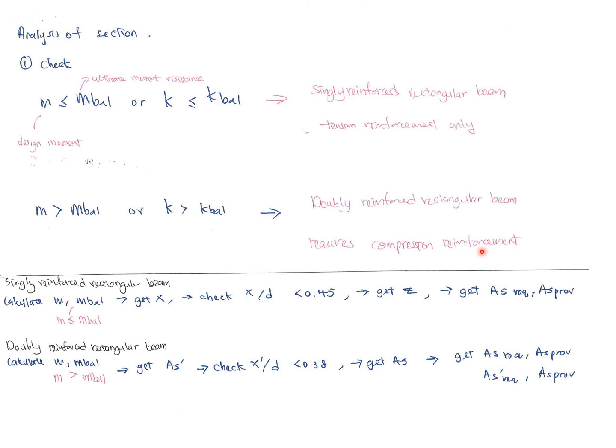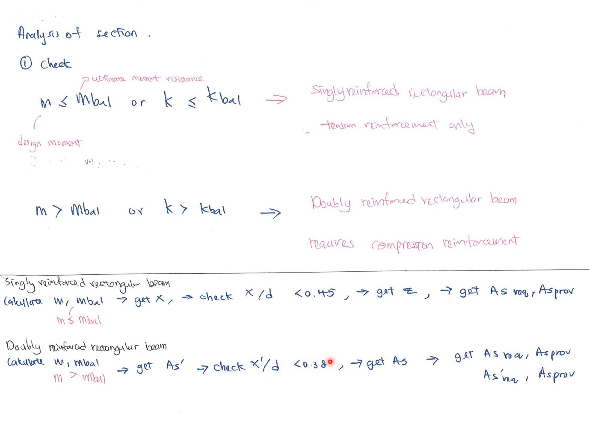For singly reinforced rectangular beams, you need to get x and then check x over d is 0.45, and then you get z. After you get z, then you get As required and As provided. For doubly reinforced rectangular beams, after you calculate M and M balance, you compare. If M is greater than M balance, then you calculate As prime. After you calculate As prime, you check d prime over x is less than 0.38.